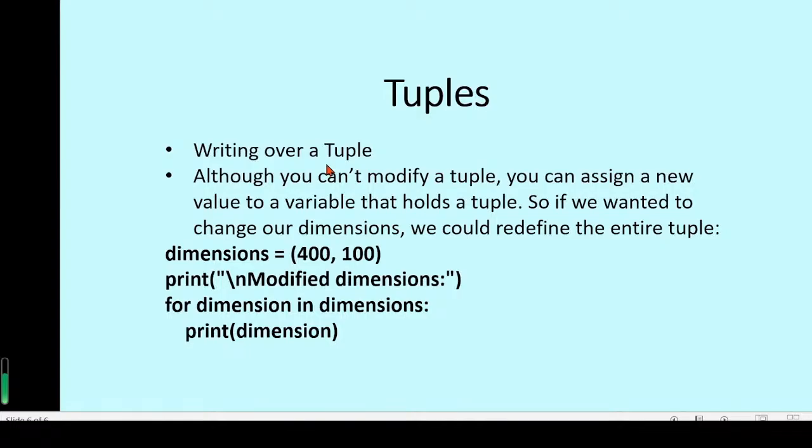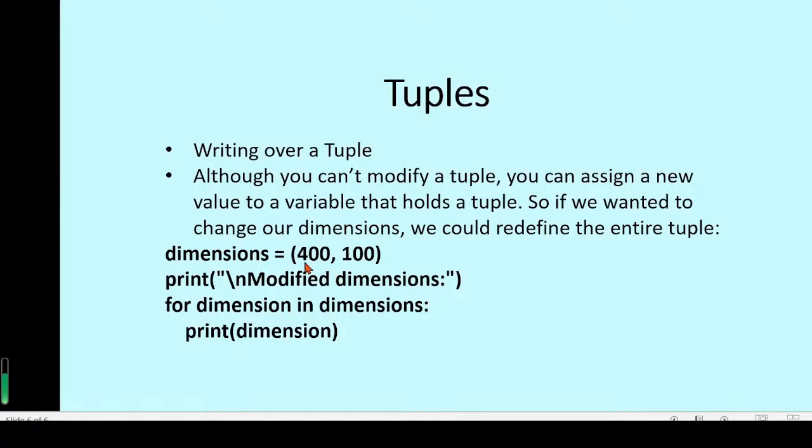Writing over a tuple. Although you cannot modify a tuple, you can assign a new value to a variable that holds a tuple. So if we want to change our dimensions, we could redefine the entire tuple. This is the original tuple, and this is the new tuple we defined.